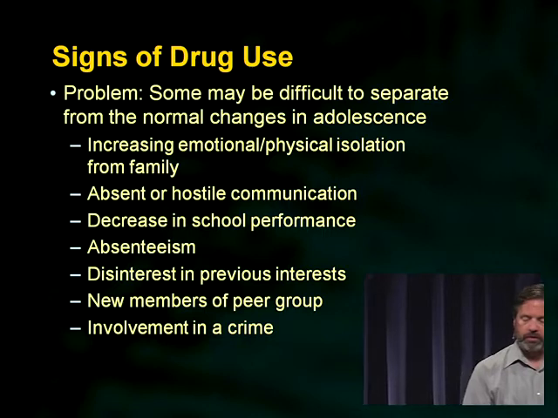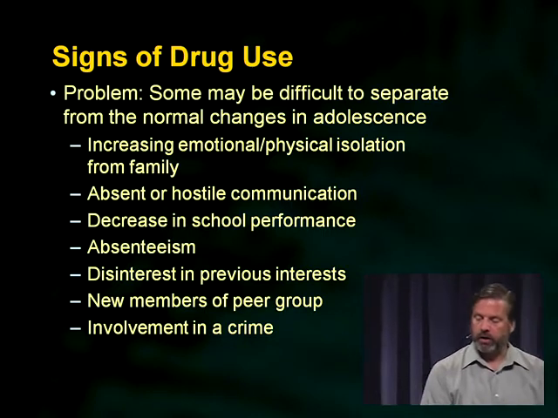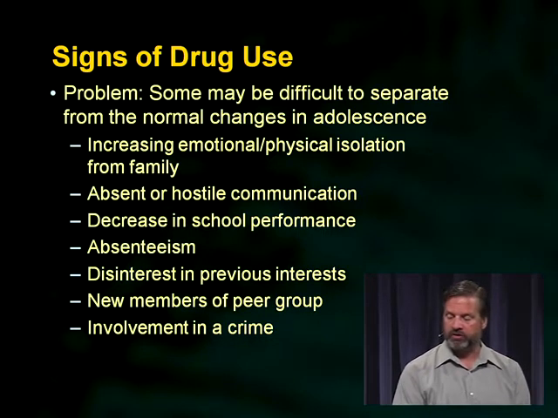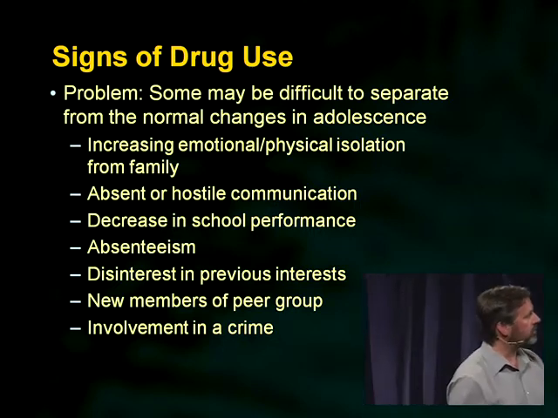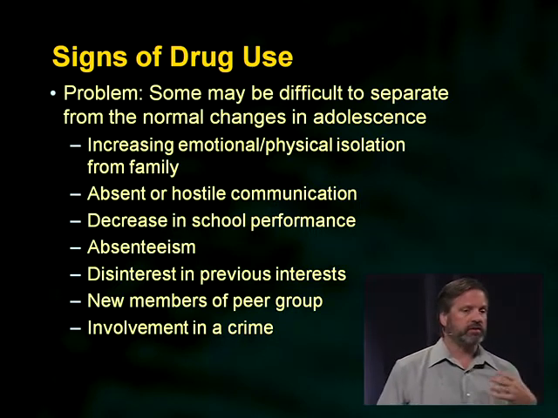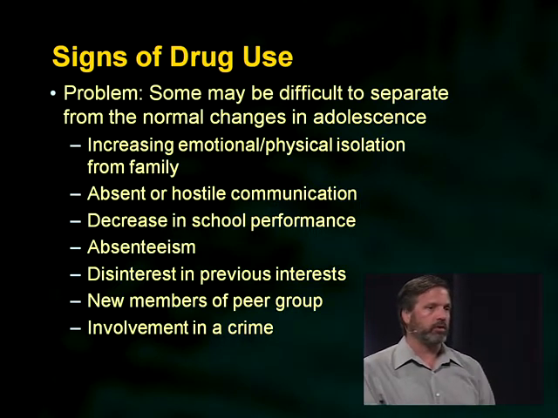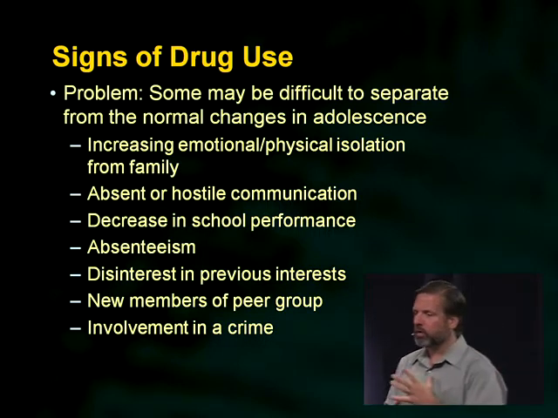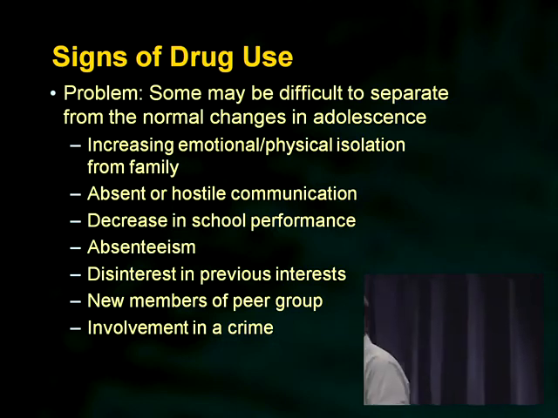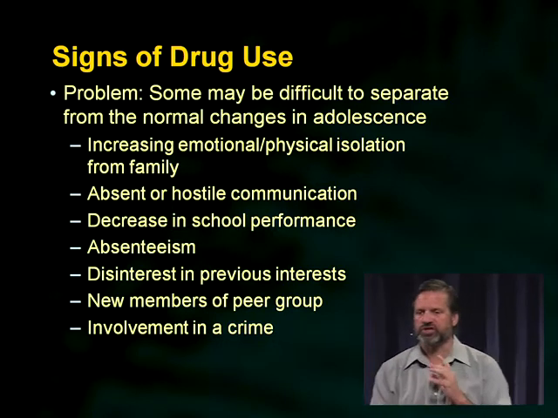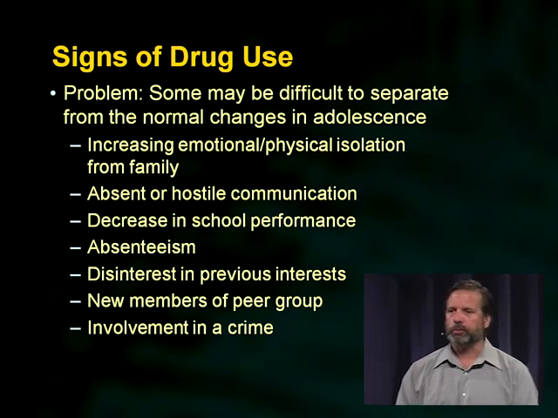So here are some of the signs of drug abuse that you might find in patients. But as you look at this list, the problem is some of this might be associated with normal adolescent development. So you have to tease out what the pattern is. One of the most important things is to look for a change in interest group.